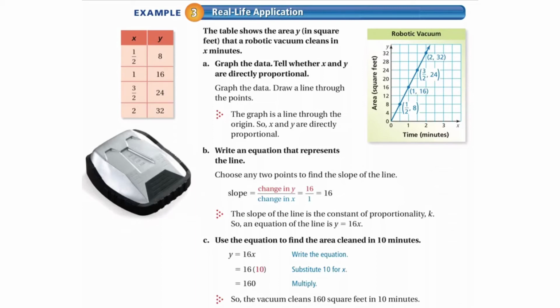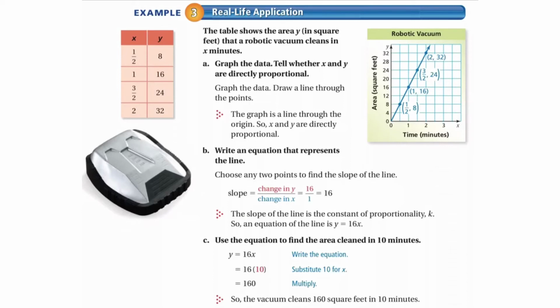So the slope of the line is 16 over 1. And that's what you put in for the k, or constant of proportionality, all the way back from the beginning here, y equals kx. So the equation of the line is y equals 16 over 1, or just 16, x. Y equals 16x. Well, now we can use that equation. It says use the equation to find the area cleaned in 10 minutes.